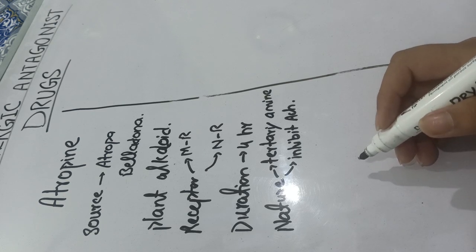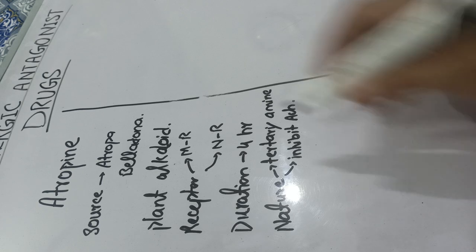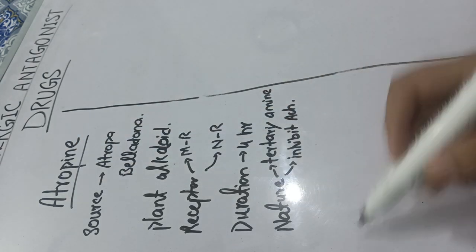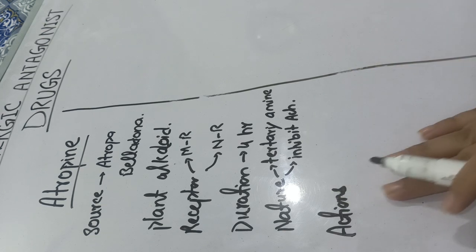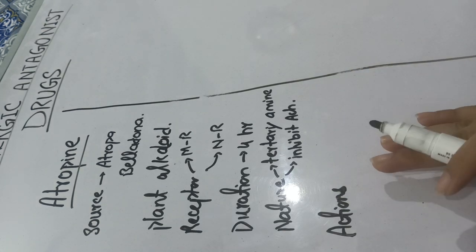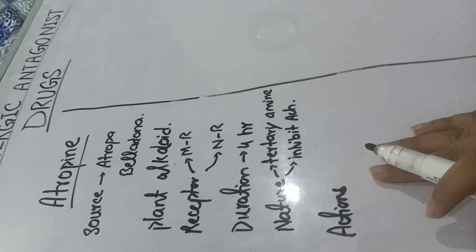Now let's discuss the actions performed by the atropine drug. Its actions are similar to sympathetic nervous system actions. In the sympathetic nervous system, you are in fight and flight mode.